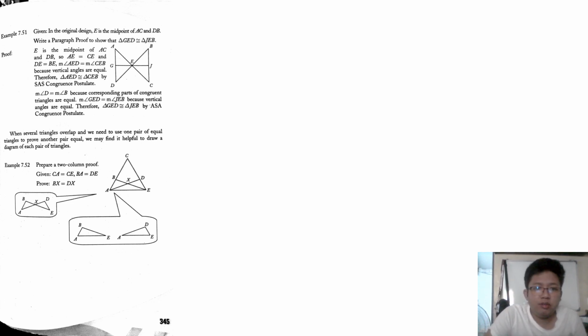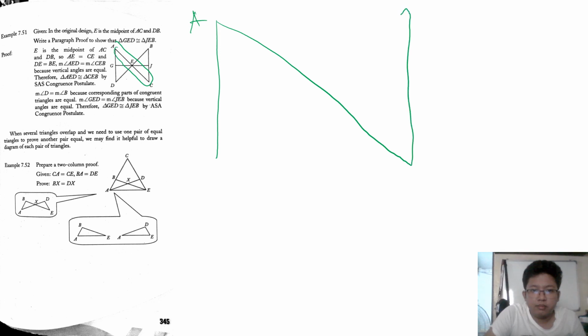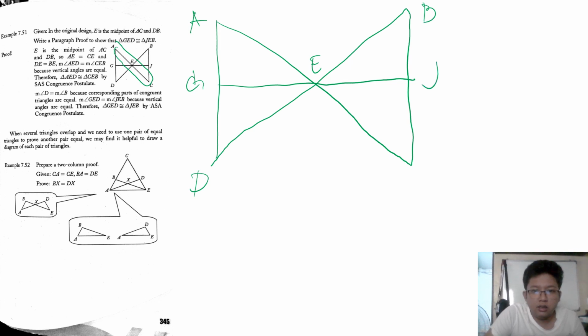E is the midpoint of AC and DB. Ito yung dalawang line natin. Drawing natin mas malaki siguro. AB, sorry. G, E, D, B, J, C. So E is the midpoint of AC and DB.